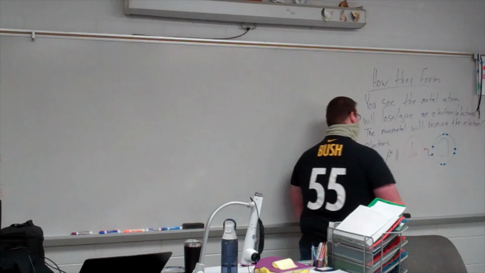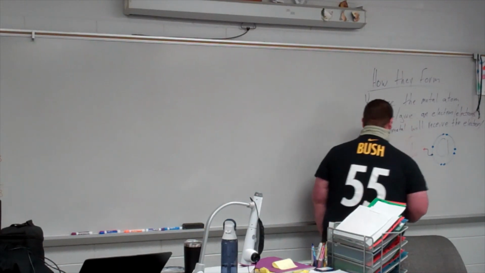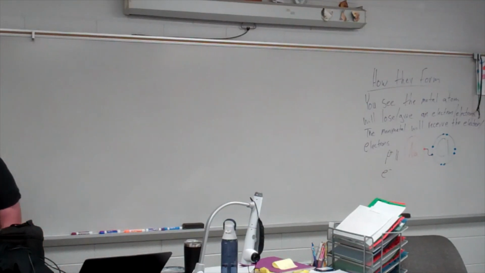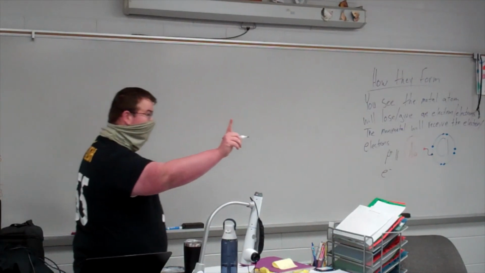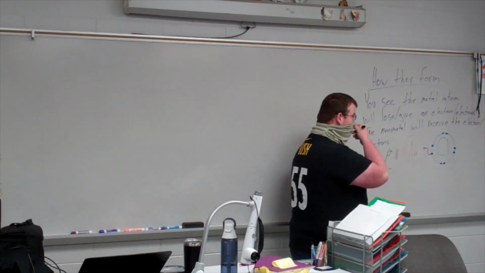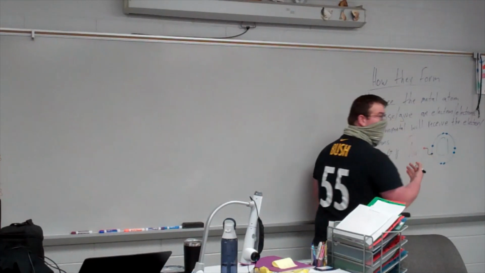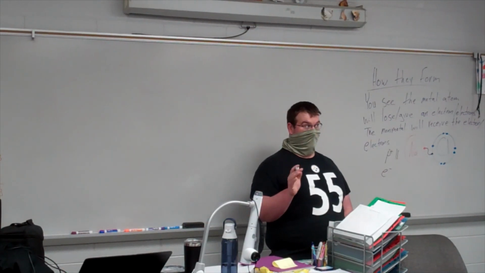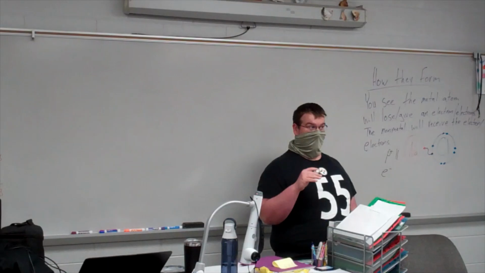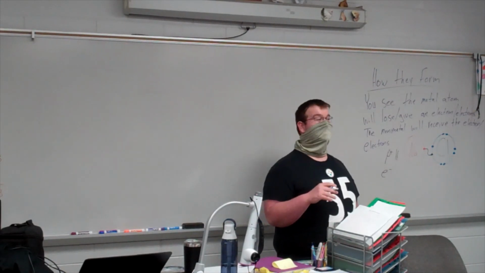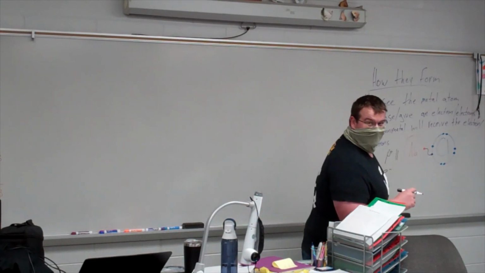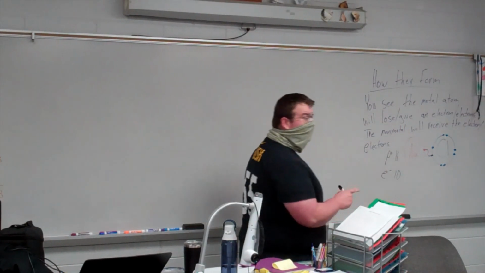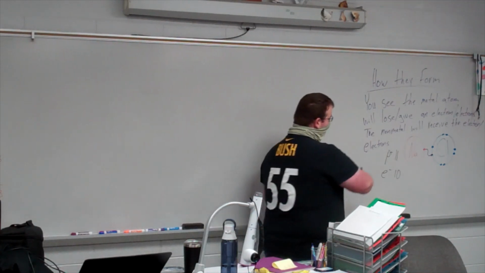How many electrons does sodium normally have? 11. But the one in the 3s orbital, it gave up. So it has one less. Quick math here: 11 minus 1 is 10. So here's the way to look at it. 11 protons.